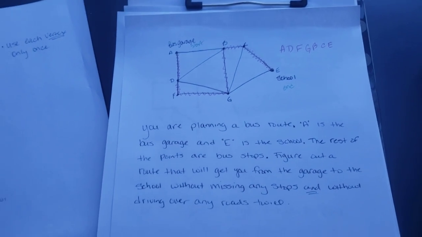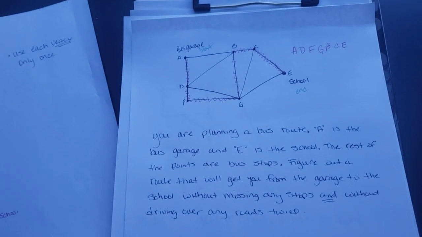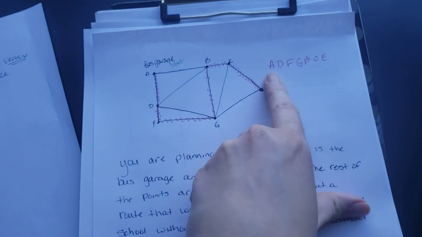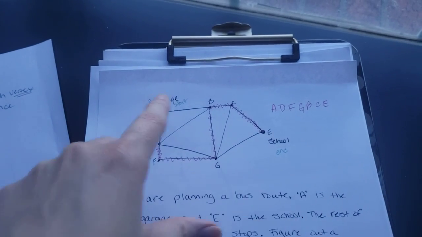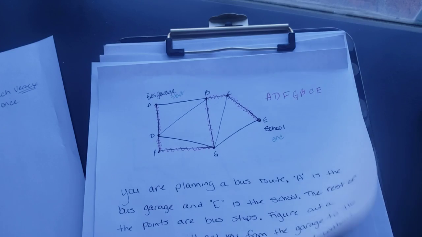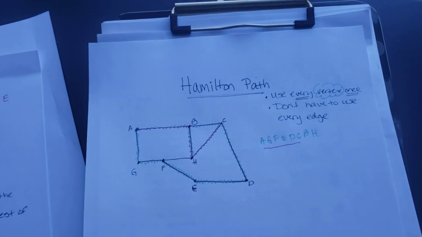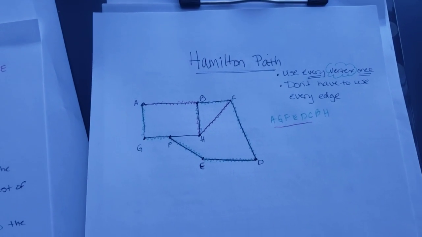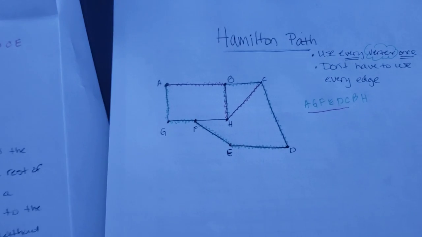All right, so for your test, you need to be able to read these strings of letters and follow them around a shape. You need to be able to determine if something is a Hamilton path.